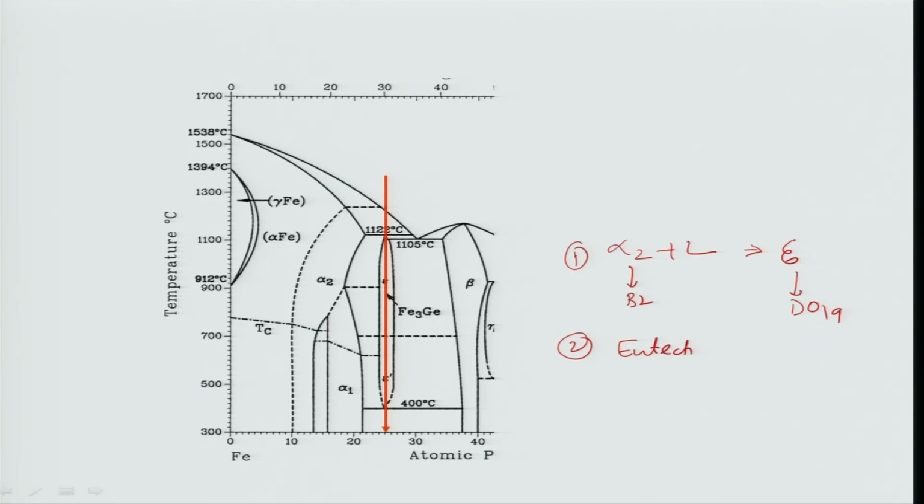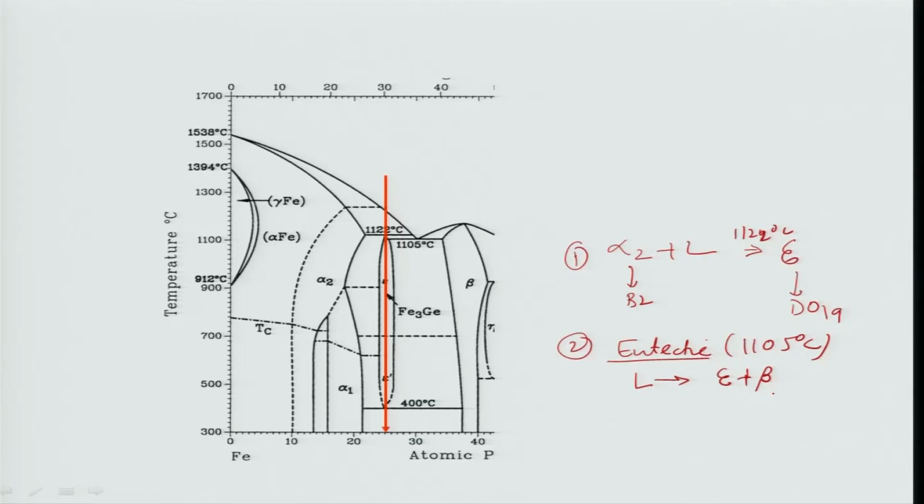So this peritectic reaction happens at 1122 degrees Celsius as per the phase diagram. On the other hand, the eutectic reaction happens at 1105 degrees Celsius, and this reaction is basically liquid going to epsilon plus beta. Beta is another hexagonal phase, but not ordered, a different type of hexagonal phase.